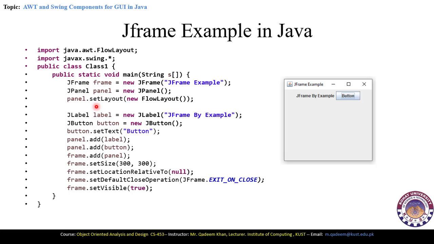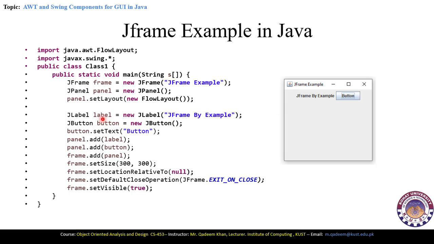And our layout is the flow layout, meaning that the first control which will be added to this panel will be available first and the second will be available second and so on. So all these controls will be available from first to second, third, and the order of these controls will be from left to right.